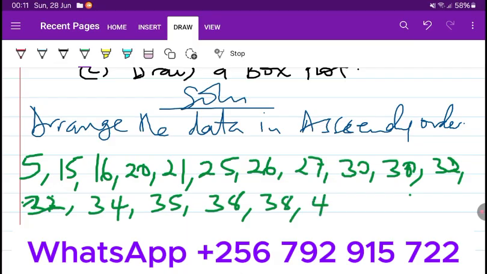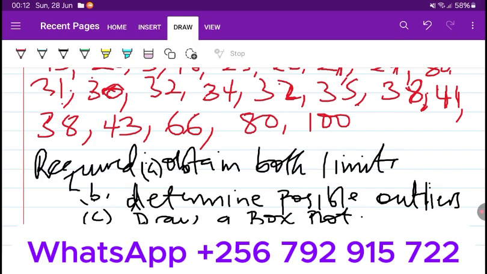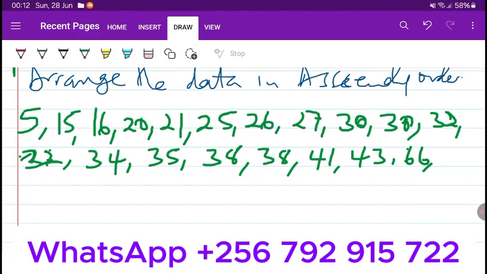We had a 41, 43, 66, and then the last values, 80 and finally 100. So now we have arranged these values in order.